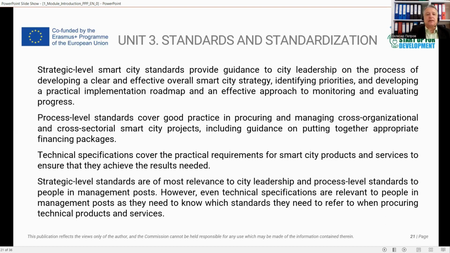Process level standards cover good practice in procuring and managing cross-organizational and cross-sectoral smart city projects, including guidance on putting together appropriate financing packages. Technical specifications cover the practical requirements for smart city products and services to ensure that they achieve the results needed.